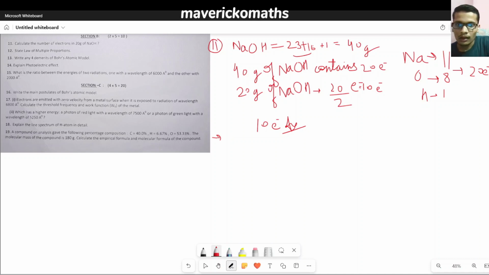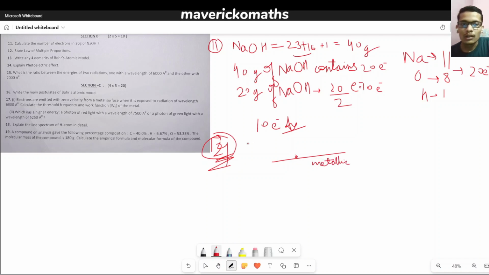Next is the photoelectric effect. Photoelectric effect is a very good effect. Yeah, it is the question number 14, which we are going to do now. Like this is a piece of metal, a metallic piece. We have a source of radiation in which the radiations are coming in the form of photons.